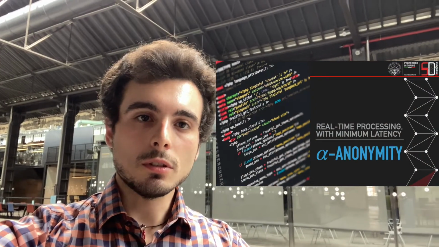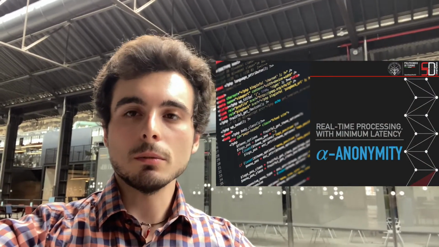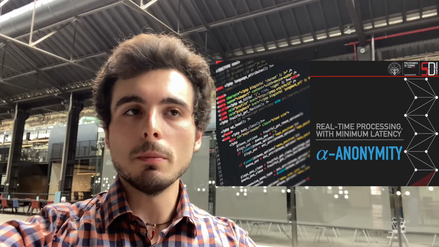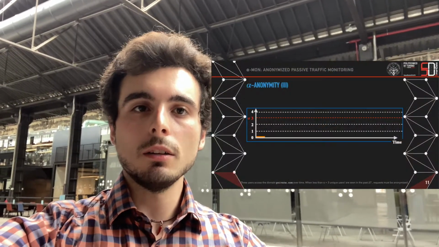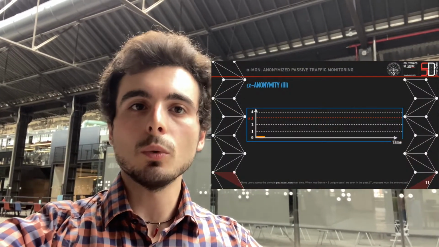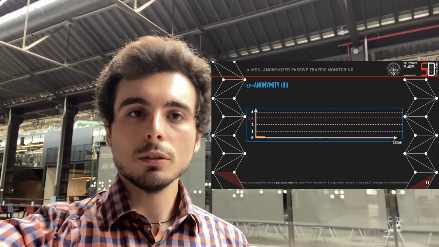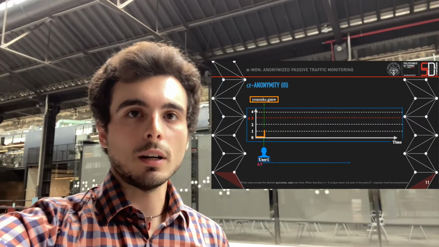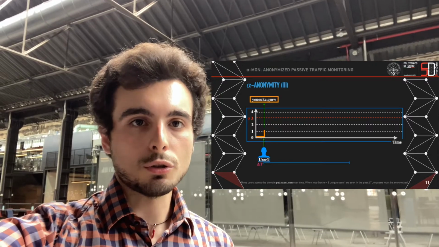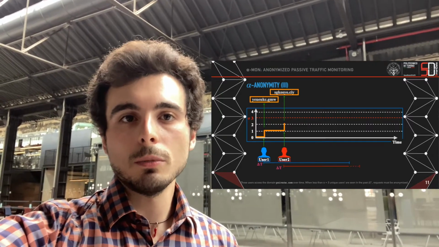Alpha-anonymity works in this way. Let us assume there are some users that are visiting the website private.com, and we've set the threshold equal to 3. So, when user 1 arrives, obviously he is under threshold, and no information can leak.